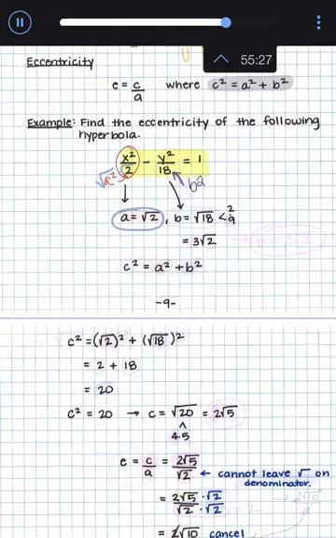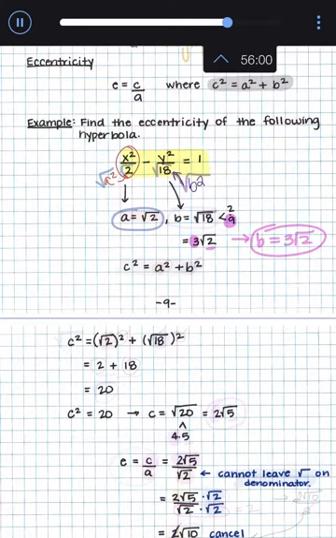To find b, you again take the square root of both sides, which means b is the square root of 18. But that can be reduced because 18 can be broken down into 9 times 2, and the square root of 9 is 3. Unfortunately, the 2 has to stay inside of the square root. So b equals 3 square roots of 2.